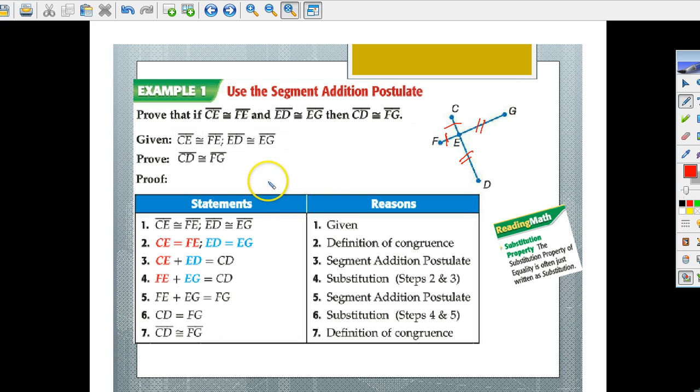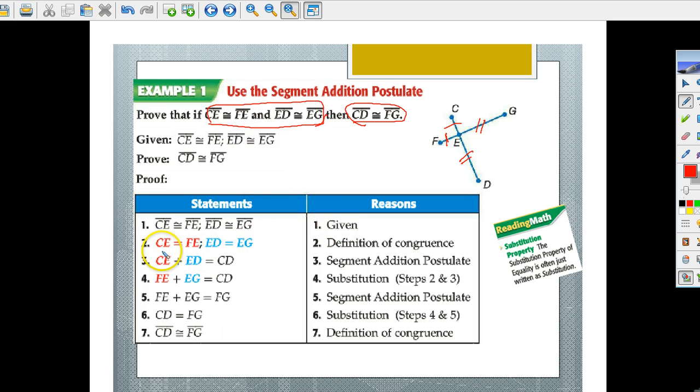Let me use better symbols here. If CE is congruent to FE, and ED is congruent to EG, then CD is congruent to FG. That's what we're trying to prove. Given is everything in the "if" part. Then the "then" part is what we're trying to prove. So write down what's given and write "given."